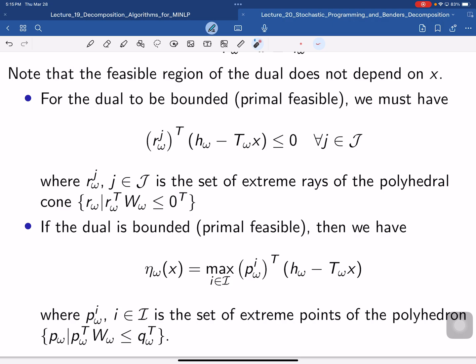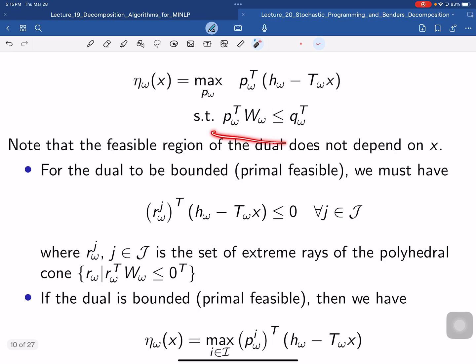And the trick here is, again, right, the extreme points don't depend on x. Since your polyhedral set doesn't depend on x, all the extreme points don't depend on x. You're just picking the best extreme point out of all the extreme points. Okay, so that's the trick of taking the dual, basically. If you are solving the primal problem, x would be in the primal feasible region, right?